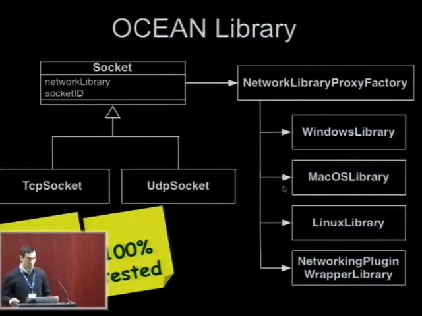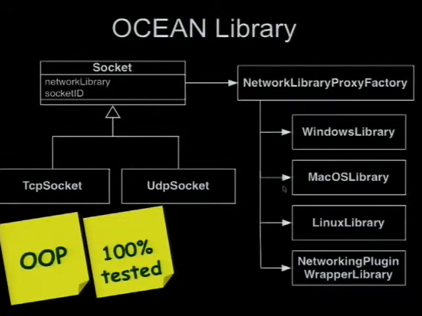So this is part of our current design. We have a Socket, and we have a TCP socket on one side, UDP socket on the other side, and actually this is not completely stable, because we will have a subclass for TCP server socket, another one for TCP client socket.